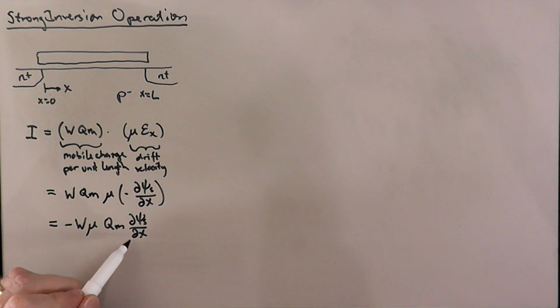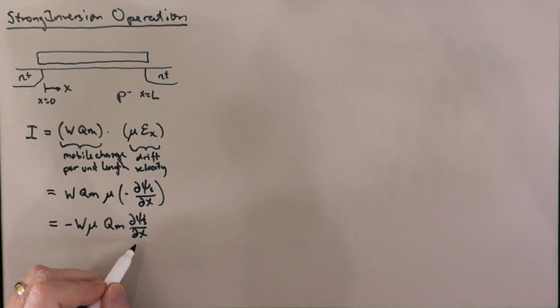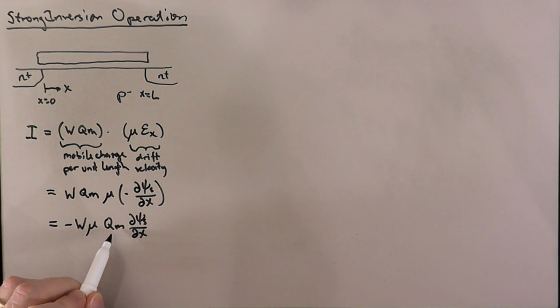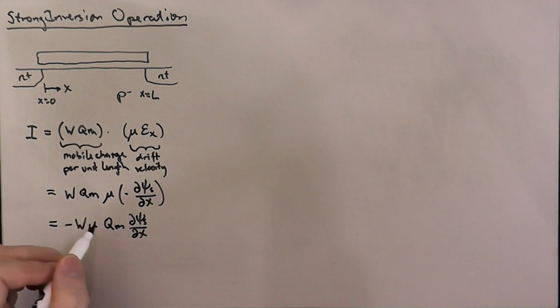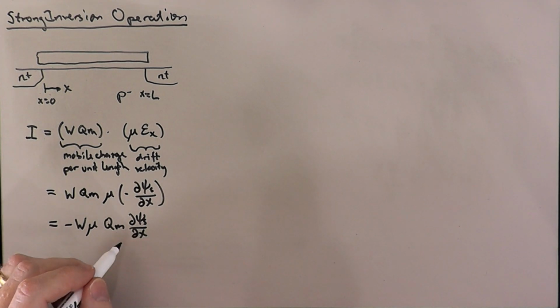Obviously we're not interested in expressing the current as a spatial derivative of position. We'd like just a current in terms of the terminal voltages. There are two ways that people go at this point. Either they try to express Qm in terms of the potentials and integrate over potential, or they try to express the electric field in terms of the charge density and then integrate over charge density. We're actually going to take the second approach, and so we're going to need to find a way of expressing d psi s dx in terms of Qm.